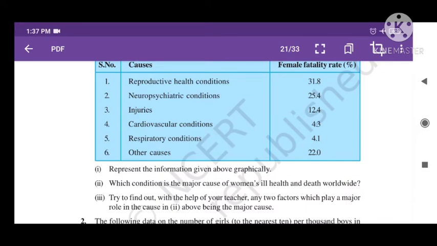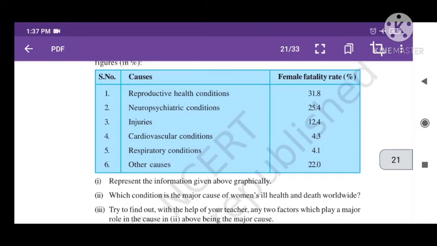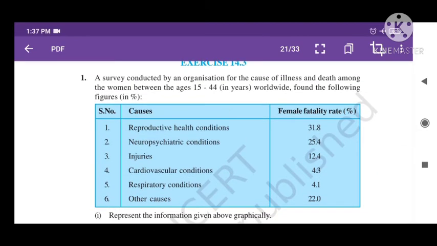As I already told, we need to take one part on the x-axis and one part on the y-axis. Here I take the causes of illness on the x-axis, and the female fatality rate, that is the death rate worldwide, on the y-axis.